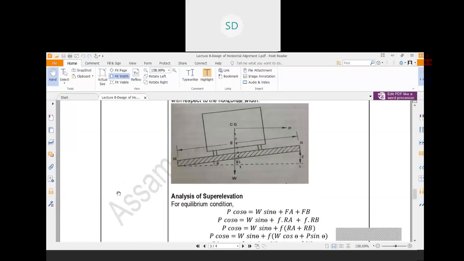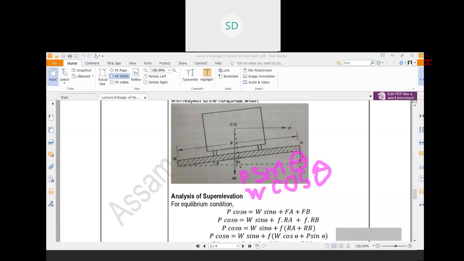In the downward direction, the components acting are P sin theta and the component of W, that is W cos theta.